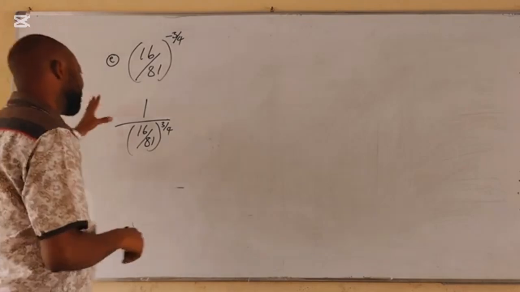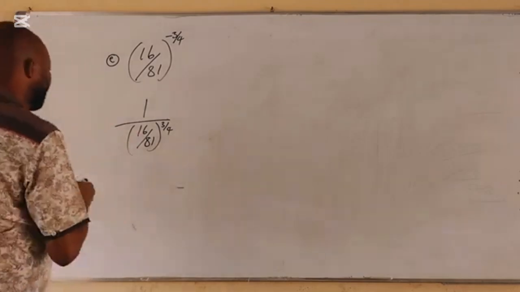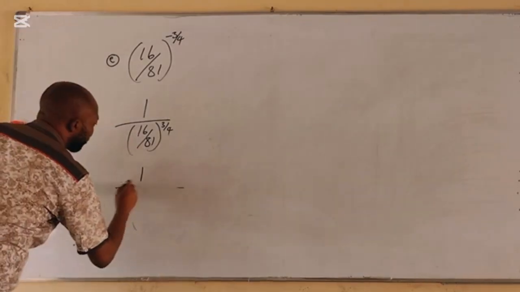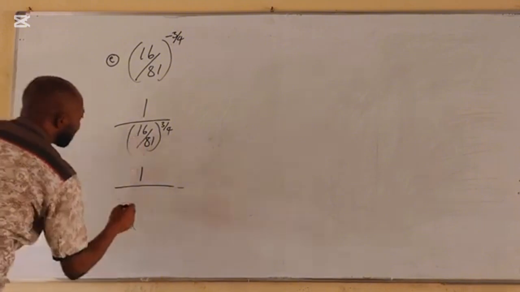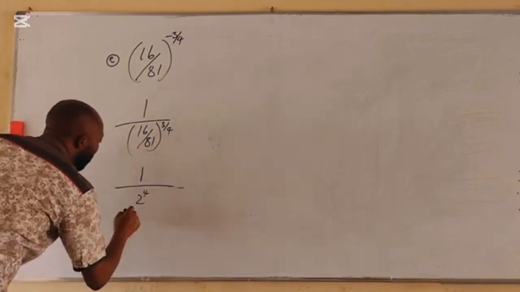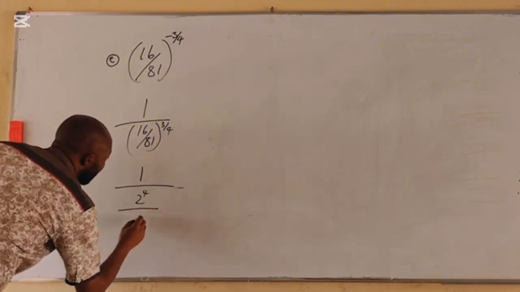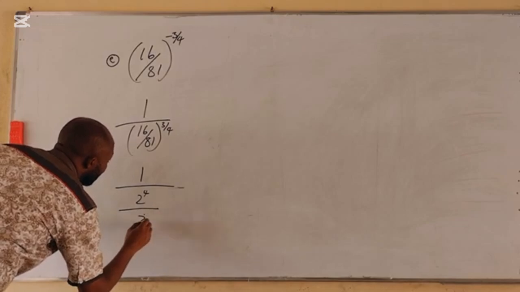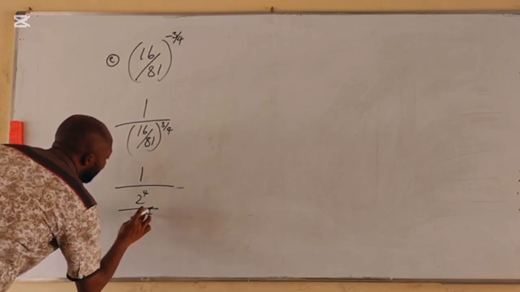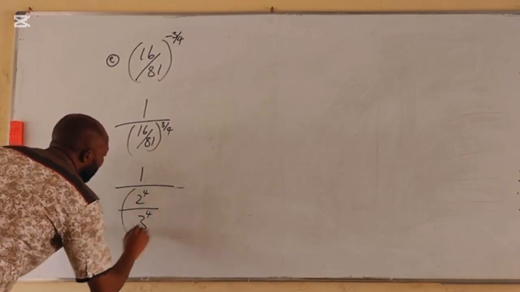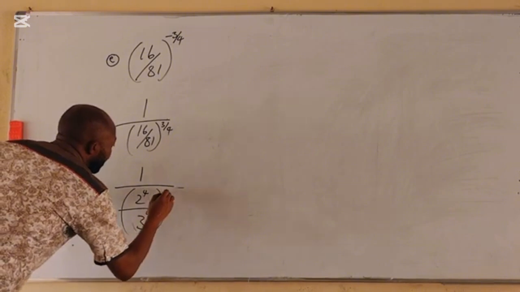Okay, that's the first thing. We've done that. The next step is 1 over 16 is 2 raised to the power 4 over 3 raised to the power 4, all of these raised to the power 3 over 4.